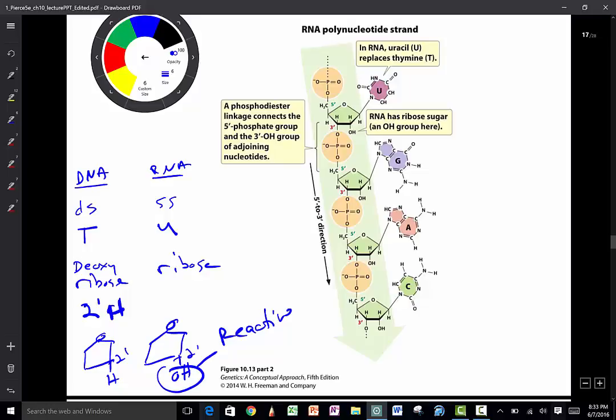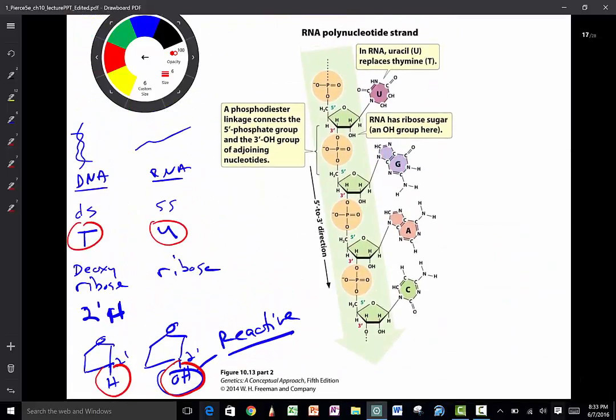So we'll see when we look at RNA splicing and things like that, the RNA can be more reactive than DNA. So DNA is always double-stranded, and RNA is single-stranded. DNA has T's and RNAs have U's. And one of the most important things is this difference here, that RNA has an OH and DNA has just an H.